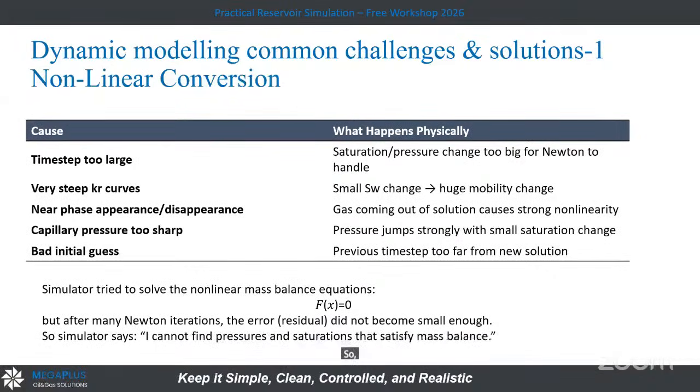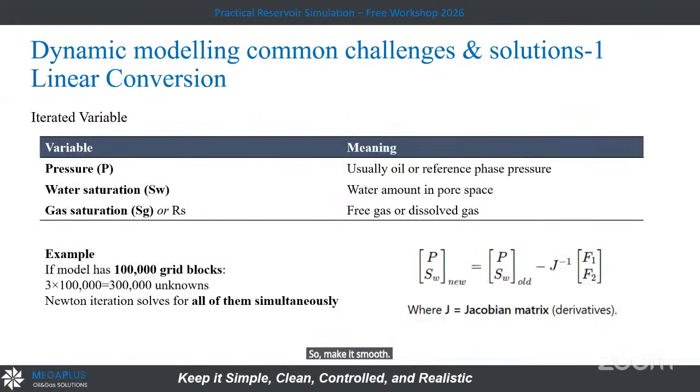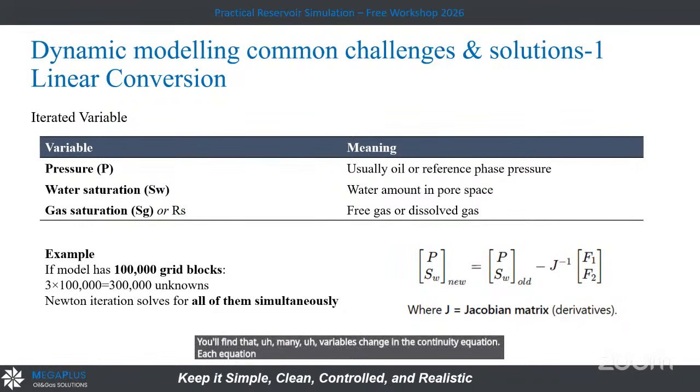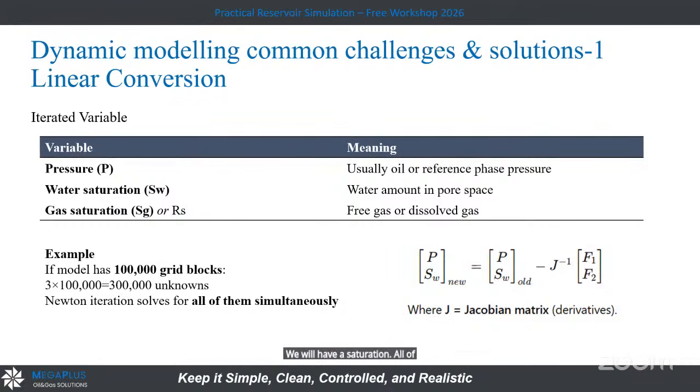So make it smooth. For the nonlinear convergence, you'll find that many variables change in the continuity equation. Each equation will have a pressure, and then we will have a saturation. All of this changes with pressure and time, so the model will solve it like matrices.